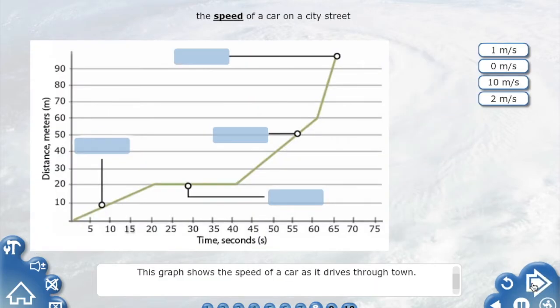This graph shows the speed of a car as it drives through town. Drag each speed on the right over to the correct segment of the graph. 0 meters per second.